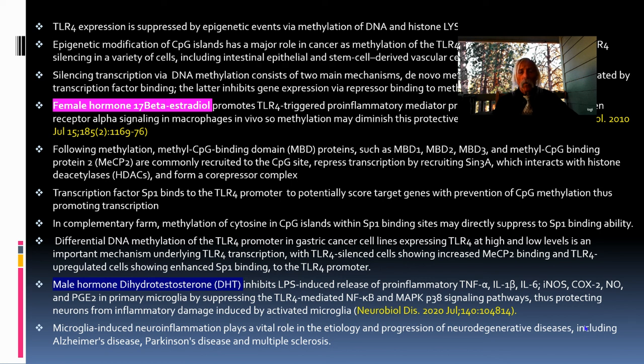Now, that's what the male hormone does in that system. Now, look when that was published. Neurobiology of Disease, the name of the journal, in July 2020, just 2 years and 1 month ago.